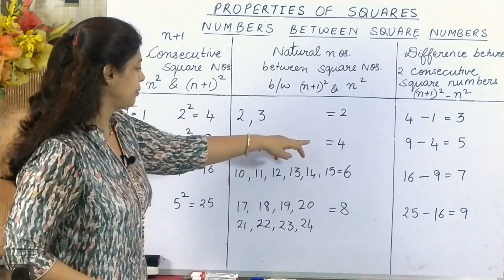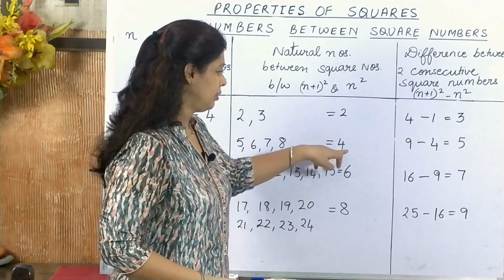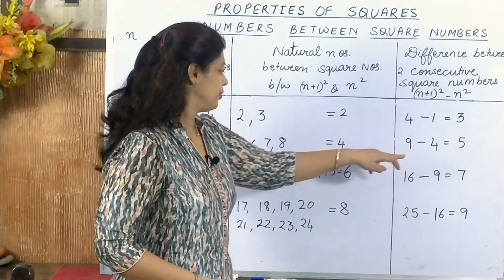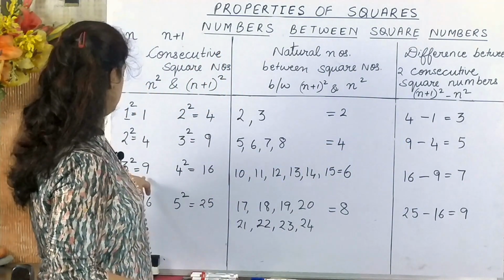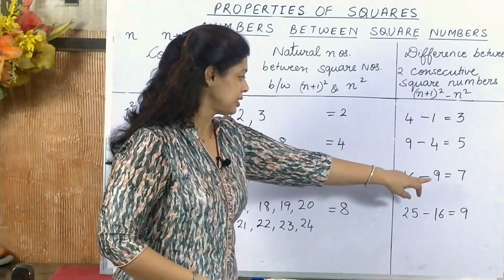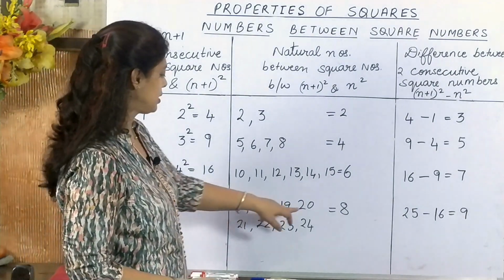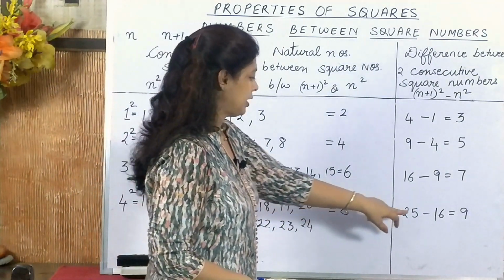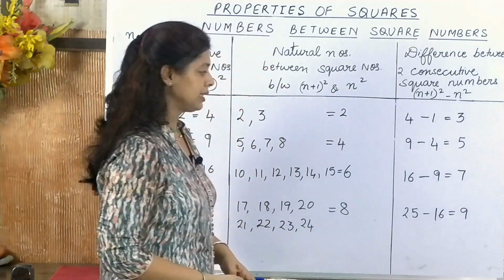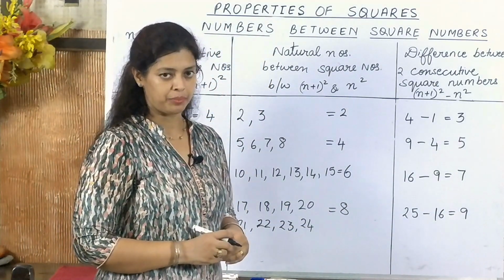If the numbers between 2 square and 3 square are 4, the difference is 5. If the numbers between 9 and 16 are 6, the difference is 7. If the numbers between 16 and 25, which are two perfect square numbers, are 8, the difference is 9. That is, the difference is 1 more than the numbers between the two perfect square numbers.